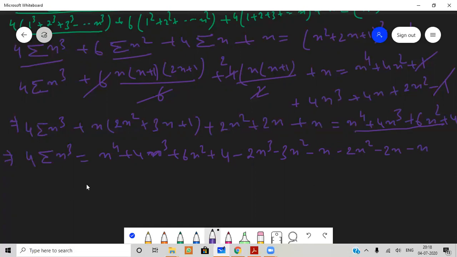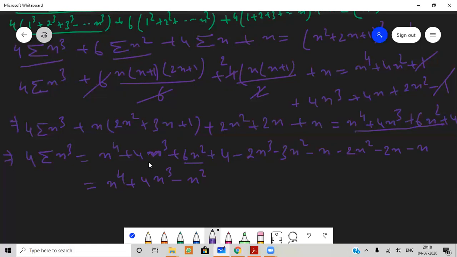Now we can add the like terms on the right hand side. For how many n cube? If I see only one term, so 4n cube, no issue. How many n square do I see? This is 6 minus 5, so plus n square.